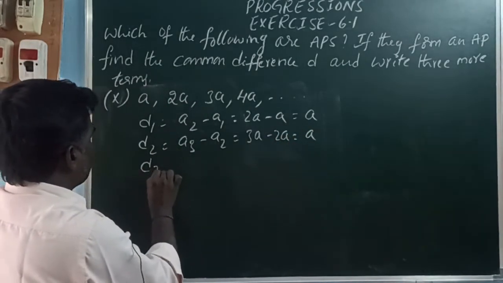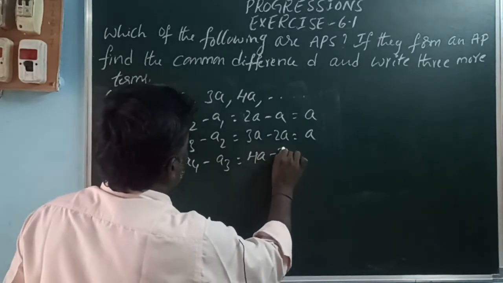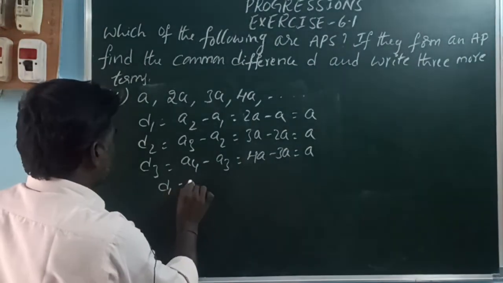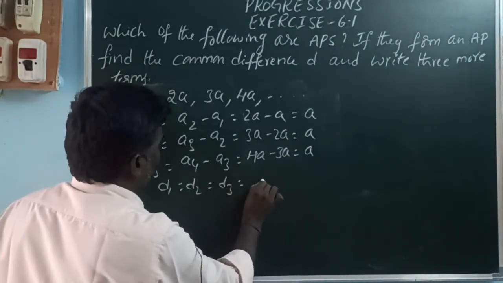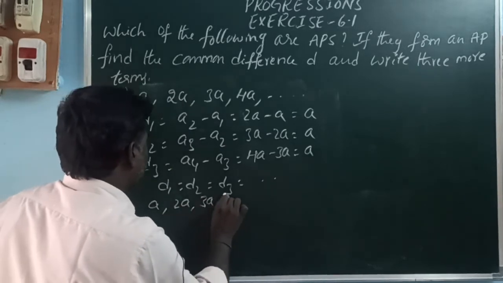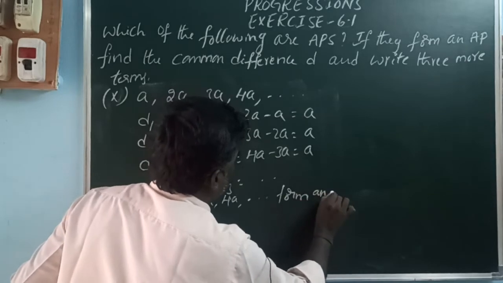Next d3 is a4 minus a3, that is 4a minus 3a equals a. The common difference is the same, so d1, d2, d3 are equal. Therefore a, 2a, 3a, 4a form an AP.